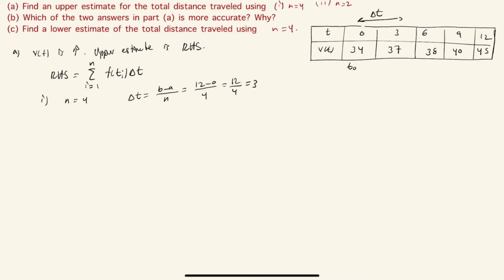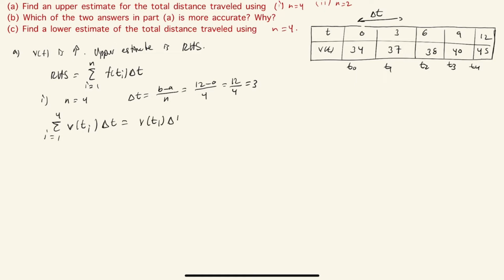So I'm going to mark that in the table, and then I'm going to notate our points t0 to t4. Now after I notated the table, we are ready to take the summation. So here in this case, sigma going from i equal to 1 to 4 of v(t_i), our function, multiplied by delta t.